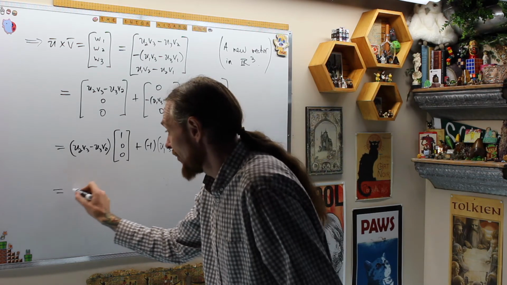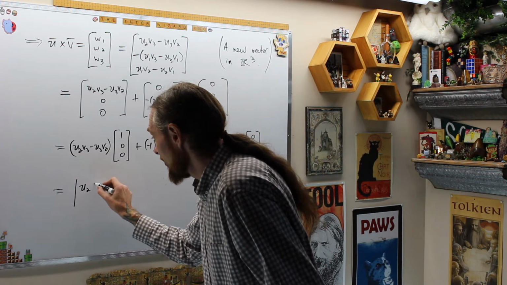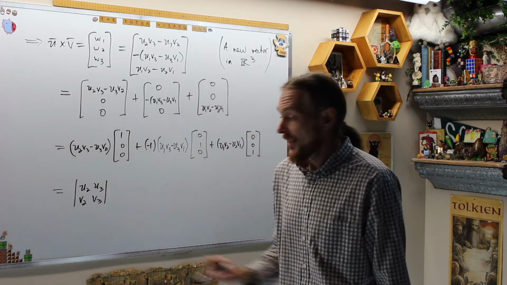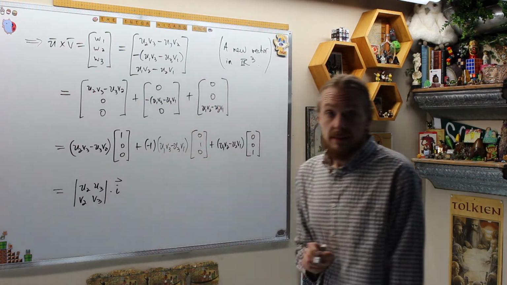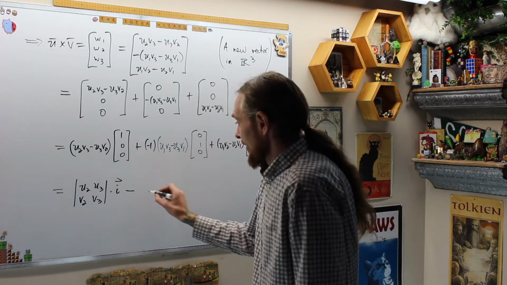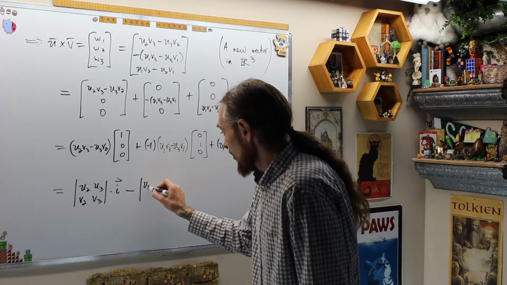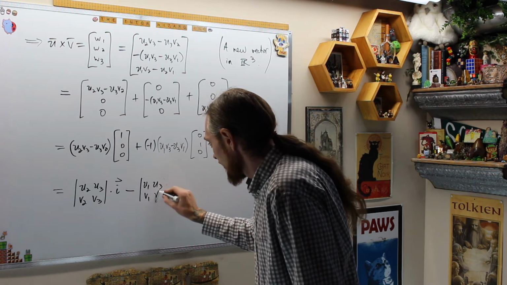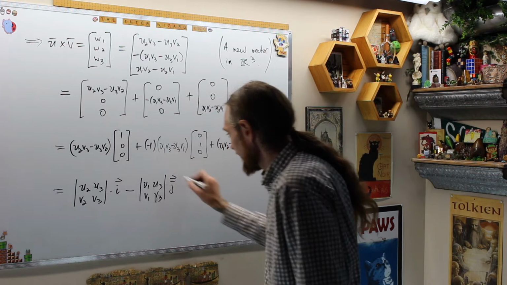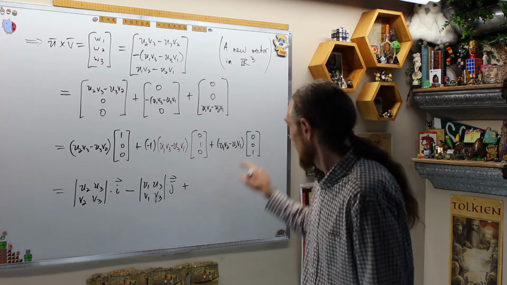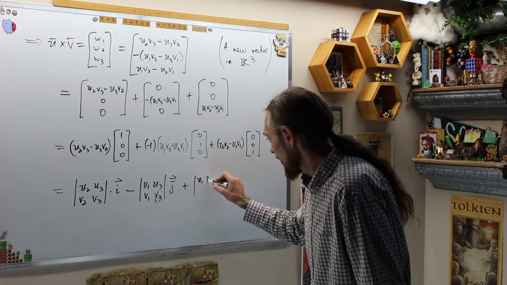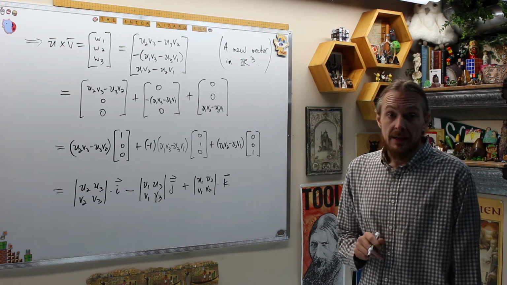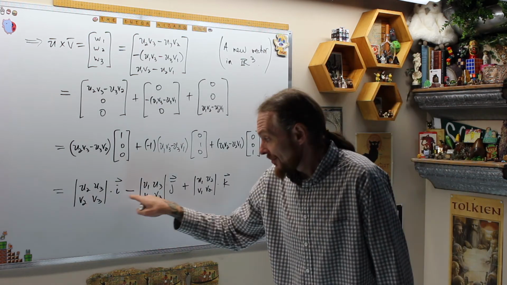I'll write that out cleverly for you. This is the 2x2 determinant (U2, U3, V2, V3) times I, minus the 2x2 determinant (U1, U3, V1, V3) times J, and then plus this 2x2 determinant, which is (U1, U2, V1, V2) times K. And that, by definition, if you look, is plus minus plus.